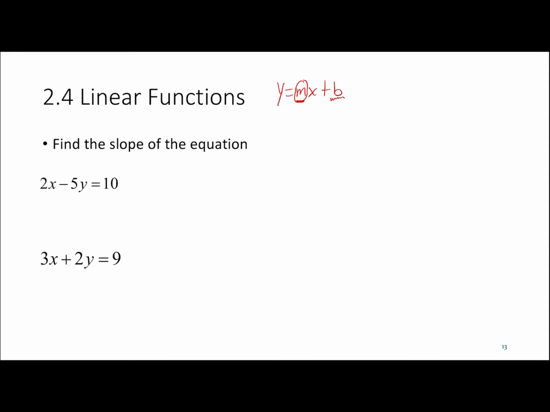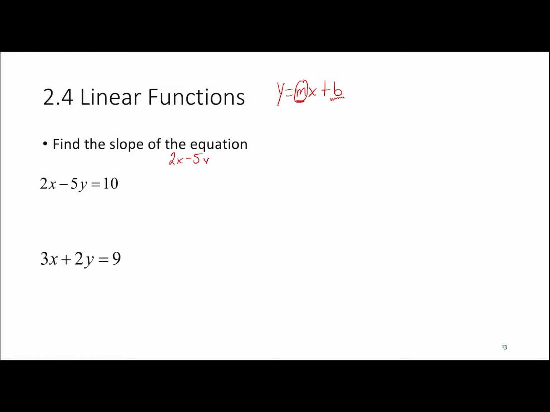And so if we can take our equation and put it in this form, then we can find this number with x. x is not part of the slope, so don't tell me the slope is 2/3 x, for example. It's just 2/3. And so we can take our equation, solve for y, and find the number with x, and that will tell us our slope.